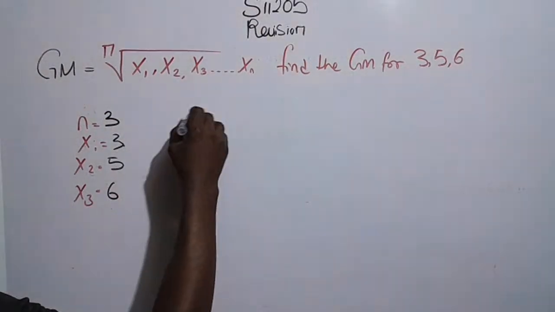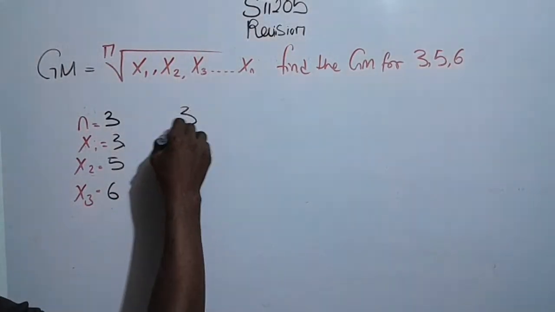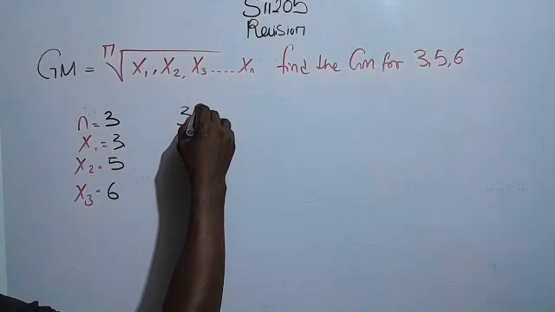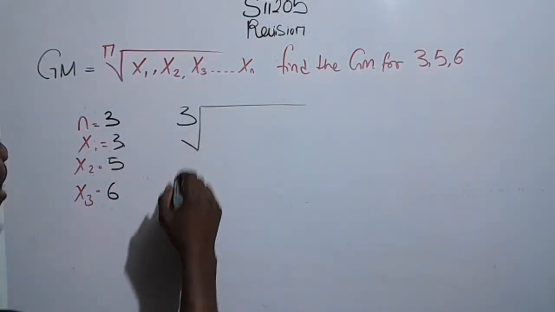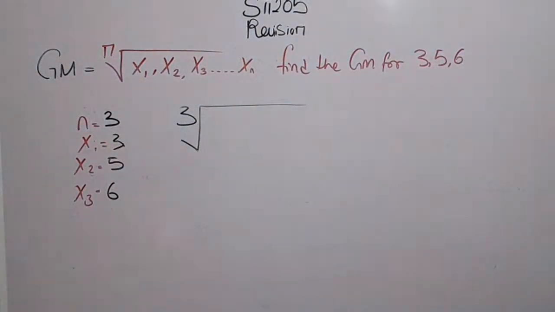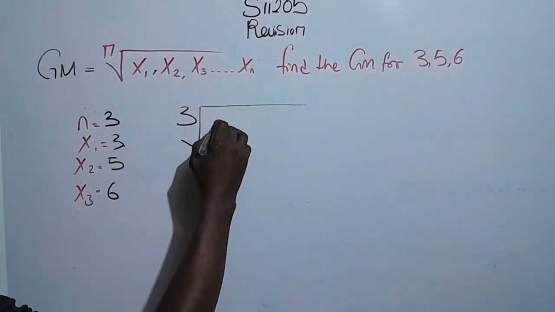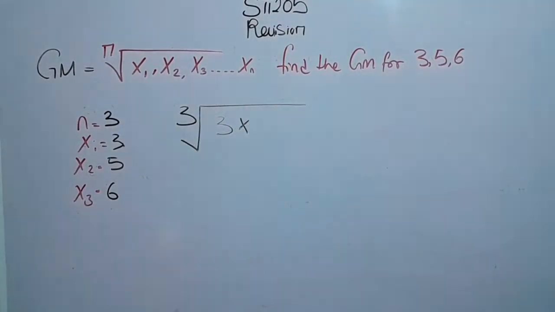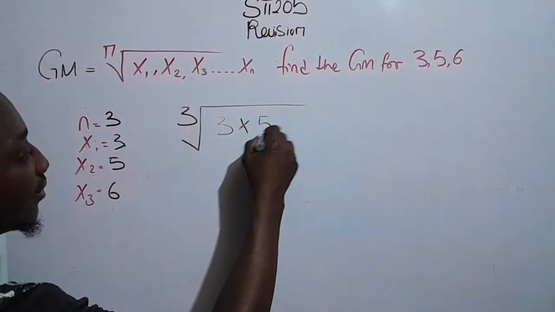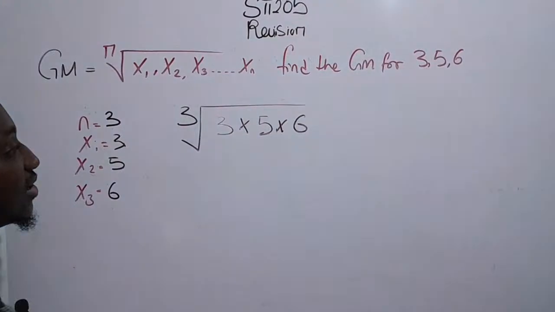So we have 3, the root. Then what's next? We have 3 multiplied by 5 multiplied by 6.